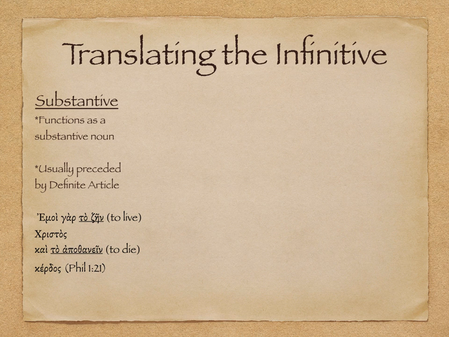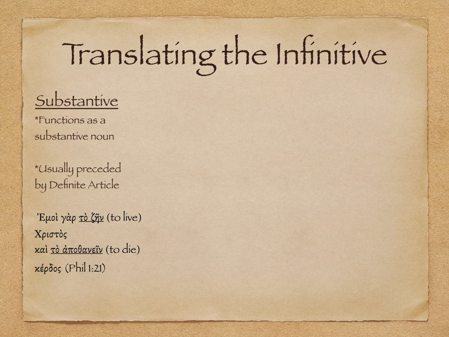Translating the infinitive. There are three different ideas here that we're going to cover. First, the substantive, where the infinitive functions like a noun. And you can see it here in Philippians 1:21. Emoi gar to zein Christos, kai to apothanein kerdos. To live is Christ, to die is gain.